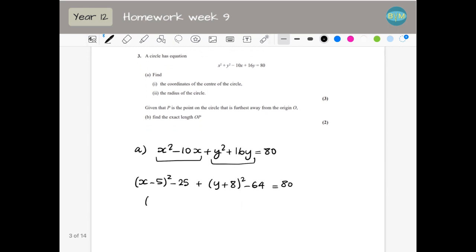If I reorganize and put the numbers together, I have x minus 5 squared plus y plus 8 squared is 169.